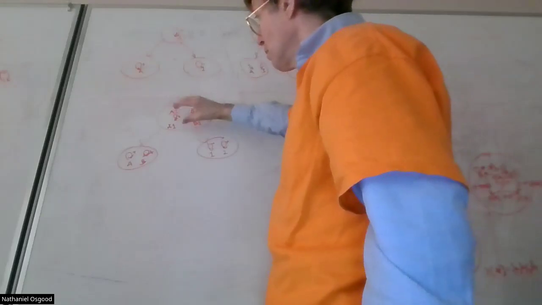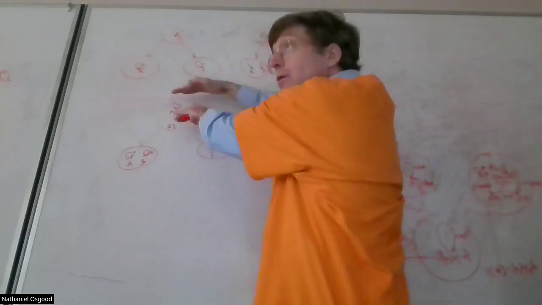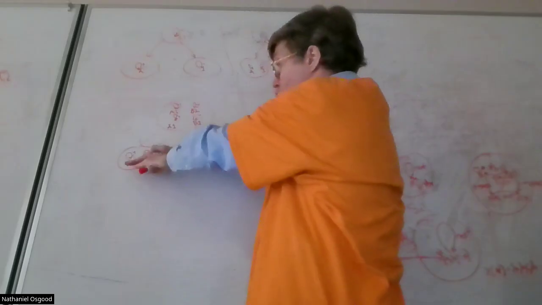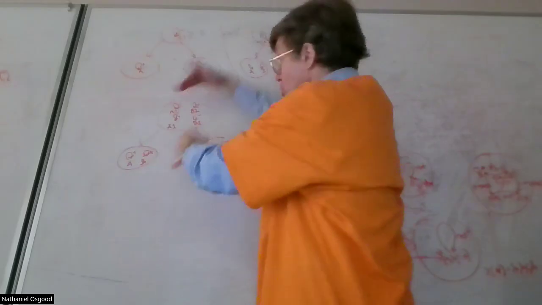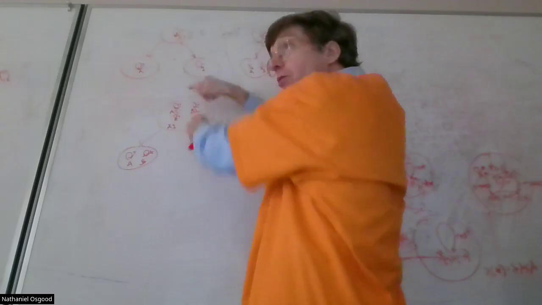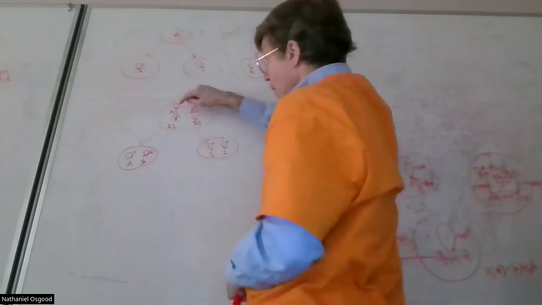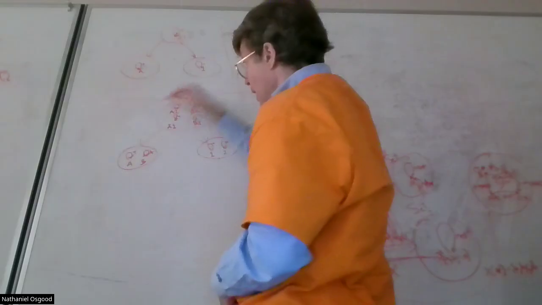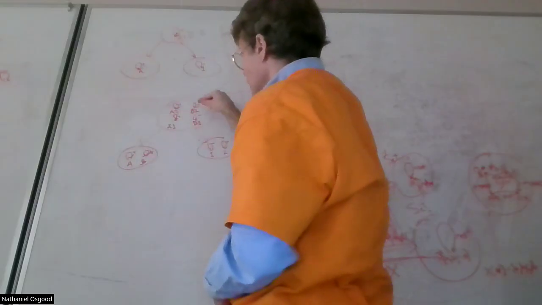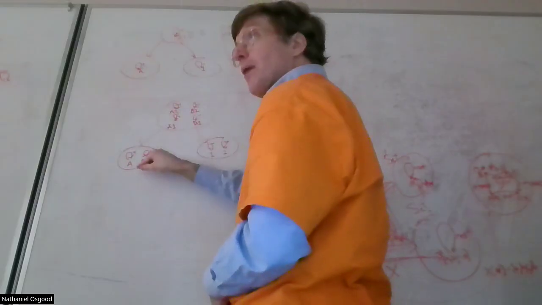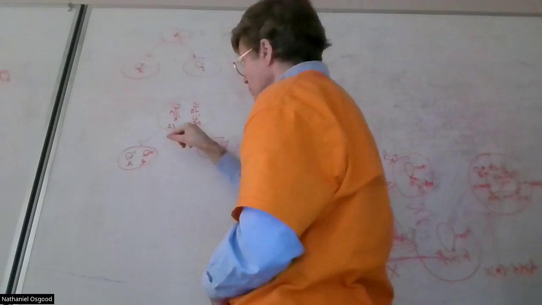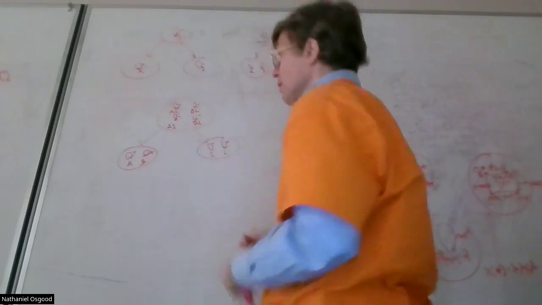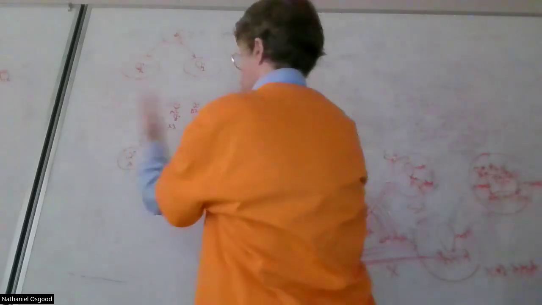It projects out this dimension, right? 1, 2. And so this one gets mapped to A, this one gets mapped to A, this one gets mapped to B, this one gets mapped to B. And what does it do this way?